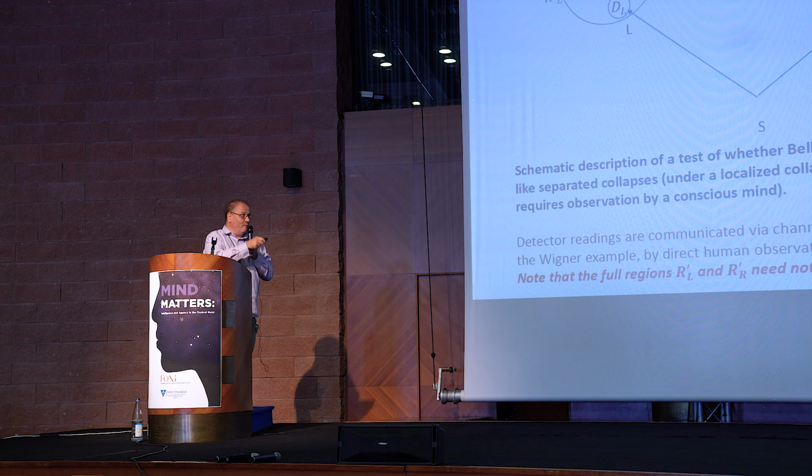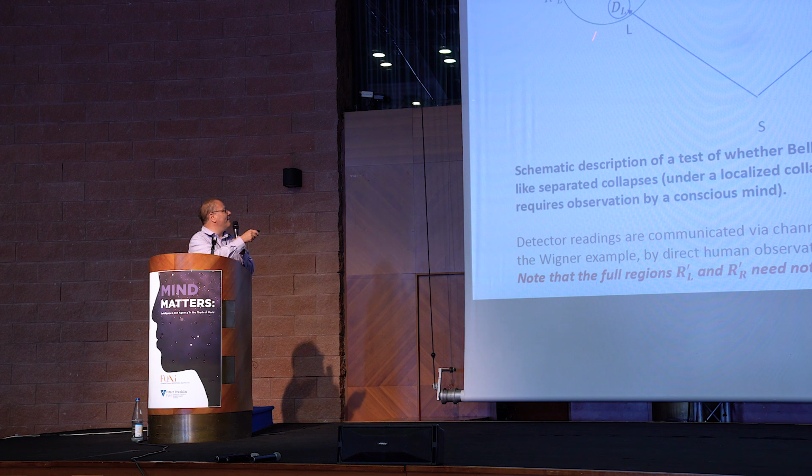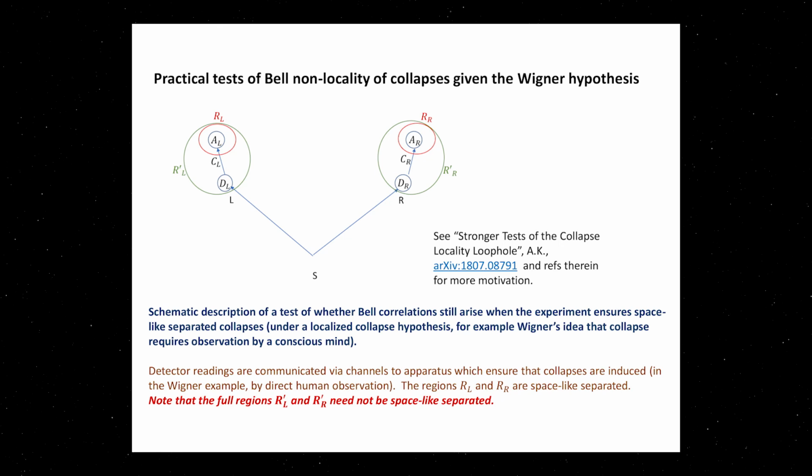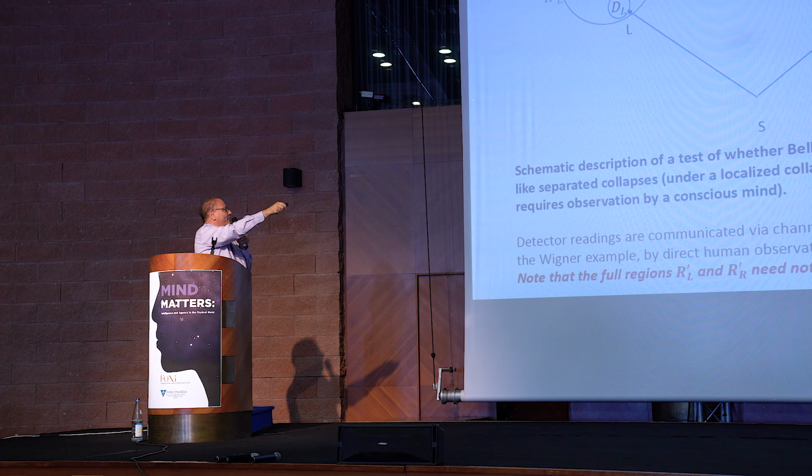And if you're adopting a localized collapse hypothesis, it's that hypothesis that tells you when and where the measurement outcomes actually take place. And you need something that's appropriately large or appropriately conscious, the apparatus here, to be generating those outcomes in space-like separated regions.